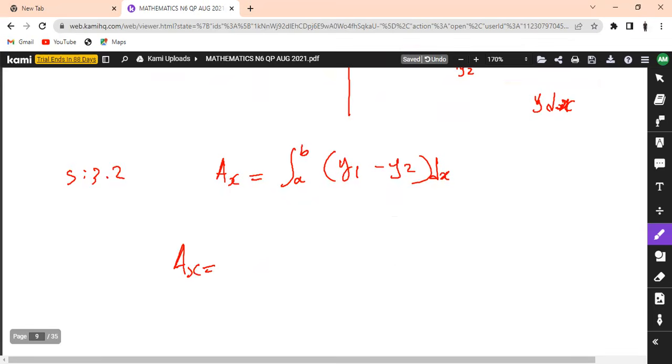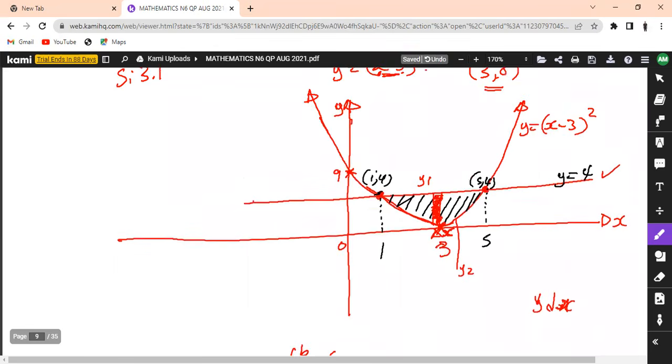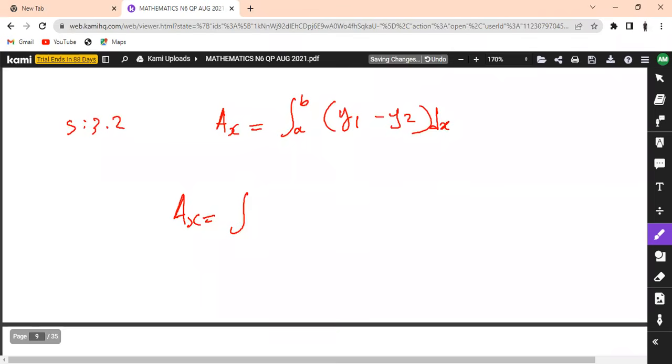So area with respect to x is going to be the integral of the limits. Now we are given to take the limits from 1 up to 5. These are the limits that we have got. At the point of intersection, you take your points of intersection there, that is 1 up to 5.